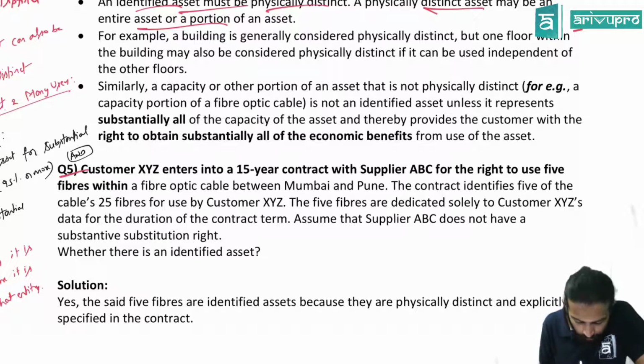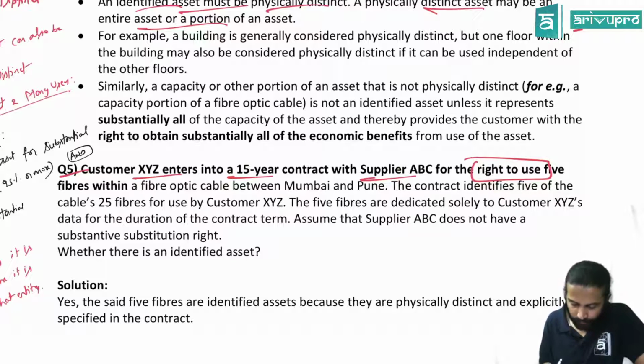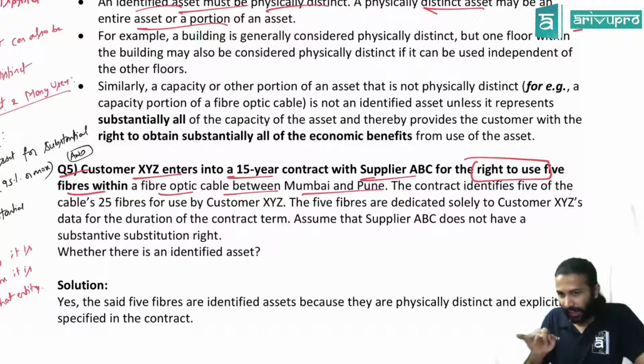A customer XYZ enters into a 15-year contract with supplier ABC for the right to use 5 cables within a fiber optic cable between Mumbai and Pune. So we said I want to use 5 cables, not 5% or 10%, all of it. That means 100% usage.